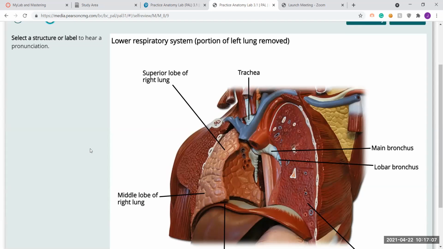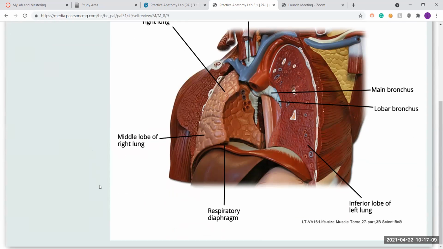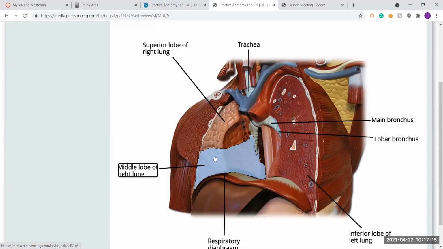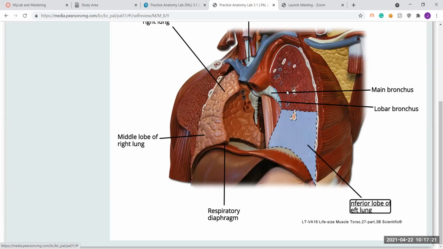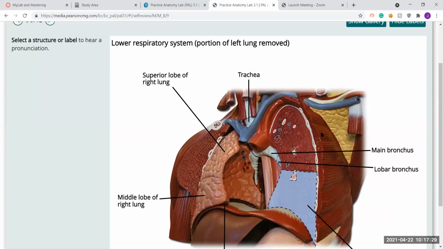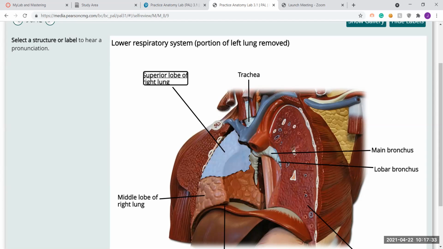This is the lower respiratory portion where the left lung is removed. You can see superior lobe, middle lobe. The lungs are lying on the diaphragm. And this is the left side, the inferior lobe of the left lung and superior lobe. Anterior portion of the left lung is removed. This is the right side here.